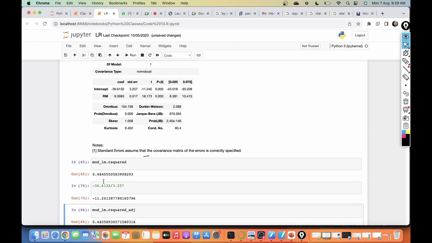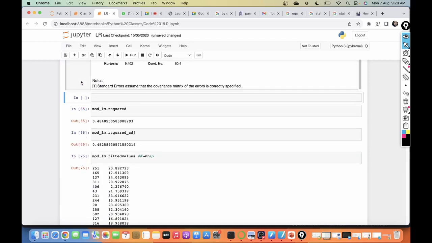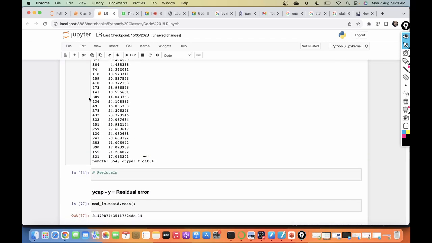How much value are you getting? See, 11.24 is the same value here, the t value, right? Now instead of that, let's do it here.